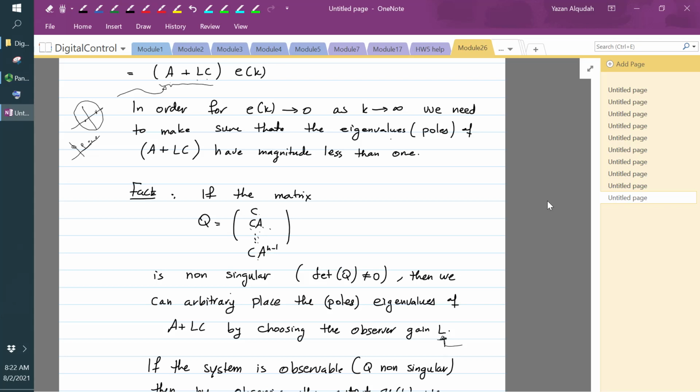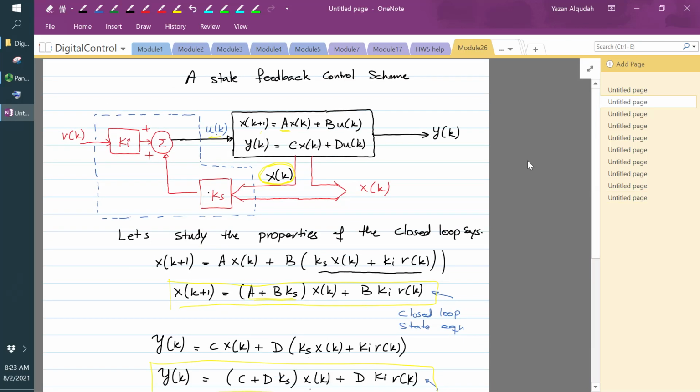Now, if I have a system where I do not have access to any of the system states, and I want to design a controller for it, I can design an observer. The observer is going to just take the output of the system and, based on the knowledge of the system, estimate the states of the system, and then I can use the estimates of my states in the feedback to design the controller.